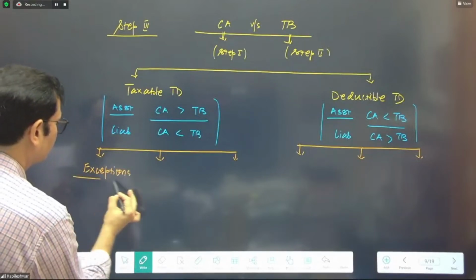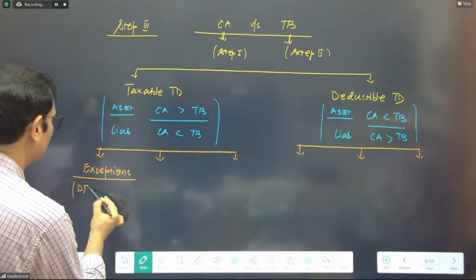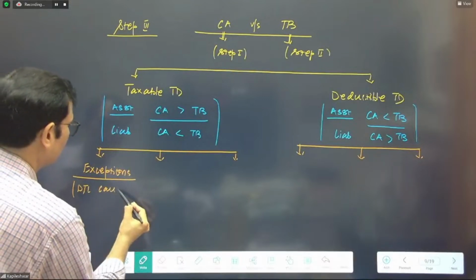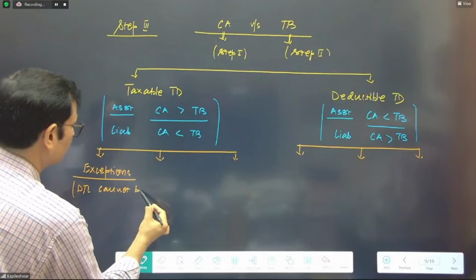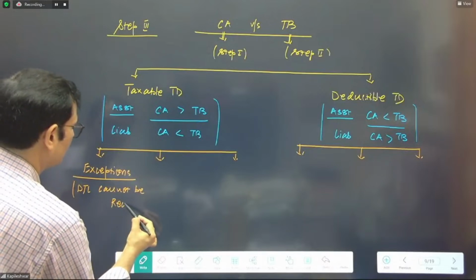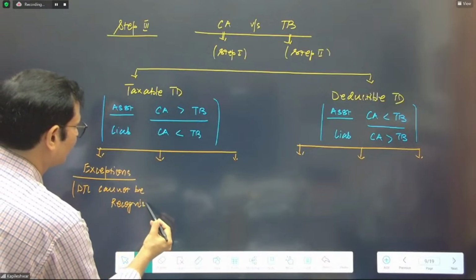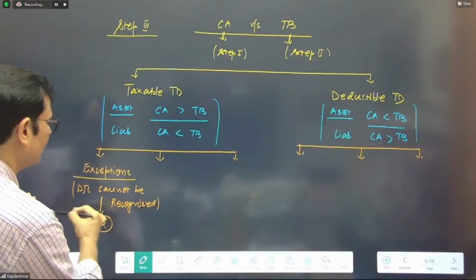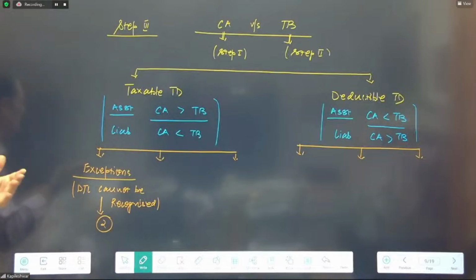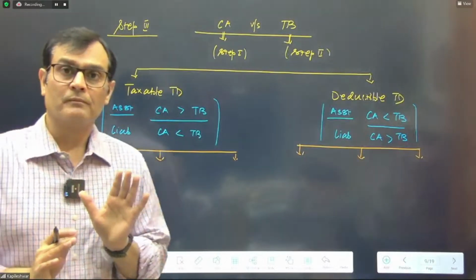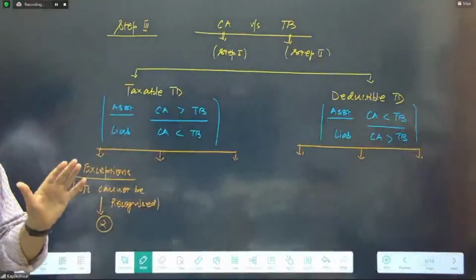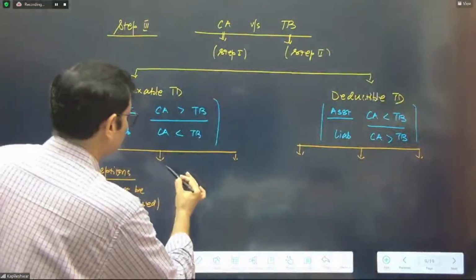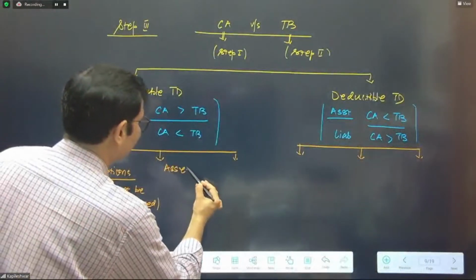When I say exceptions, it means DTL cannot be recognized. The standard prohibits it. All I'm telling you is that there is a list of 2 exceptions. What are the exceptions? Don't worry, we'll talk about them later. But there are 2 exceptions in this particular case. Next, I need to say that there is one case of assessment.